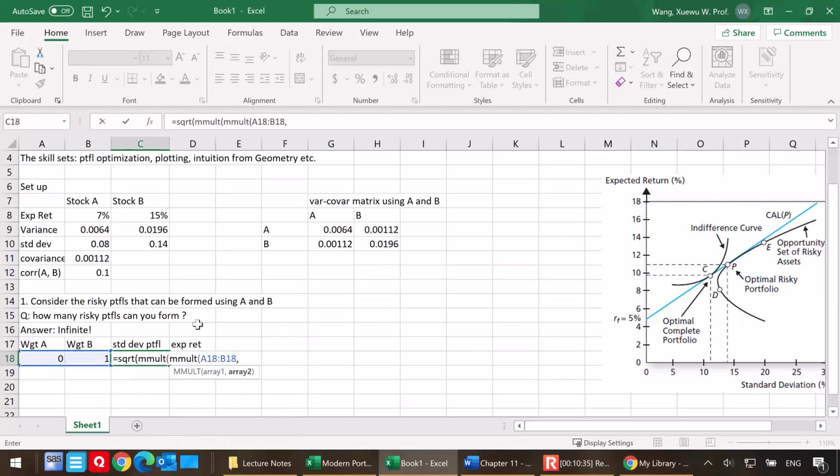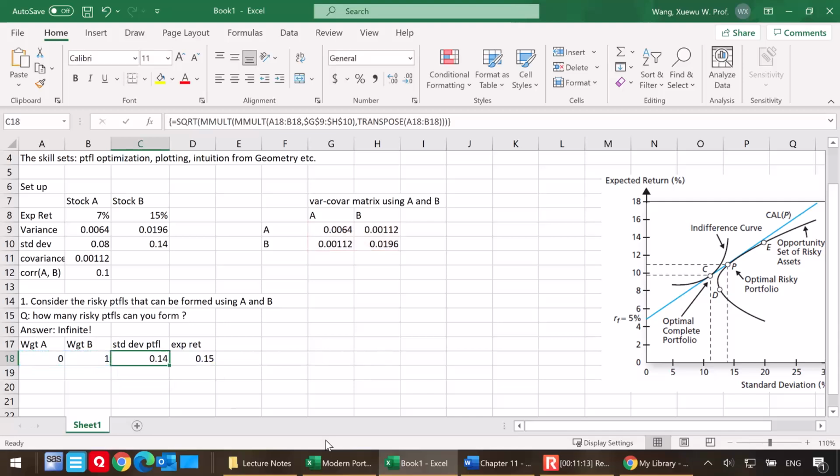This is the portfolio weight on the left, and then the variance covariance matrix in the middle. Because I want to be able to copy down, let me lock down the variance covariance matrix. Then, in order to do matrix multiplication, let's make sure the conformity condition is satisfied. So I need to have a 2-by-1 here, so let me just transpose the weights. Close the transpose, close the outside matrix multiplication, close the square root. Control Shift Enter, and yes, that's 14% standard deviation.